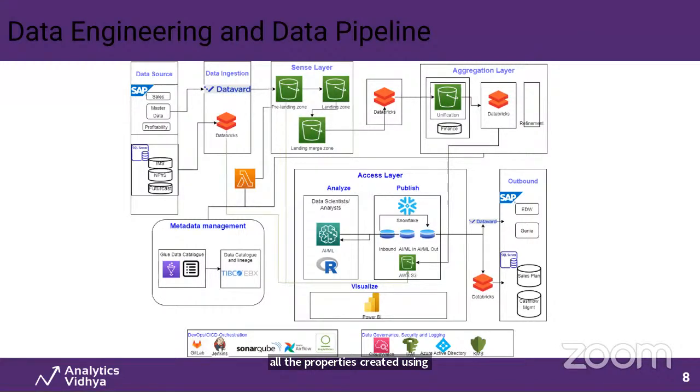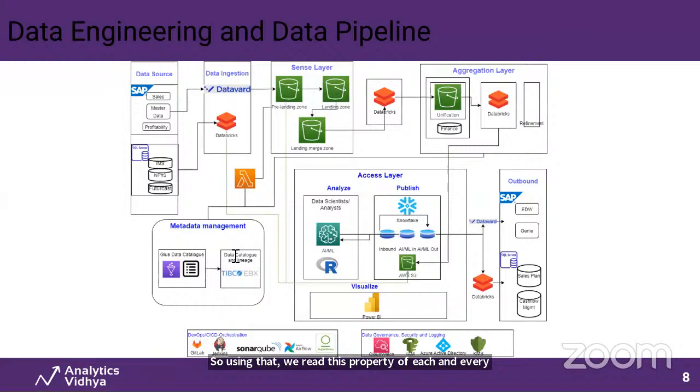Once this is done, we use a tool like TIBCO EBX, or any other data catalog maintenance tool, maybe the data catalog in cloud providers like AWS, Azure, and GCP. We have cataloging tools.